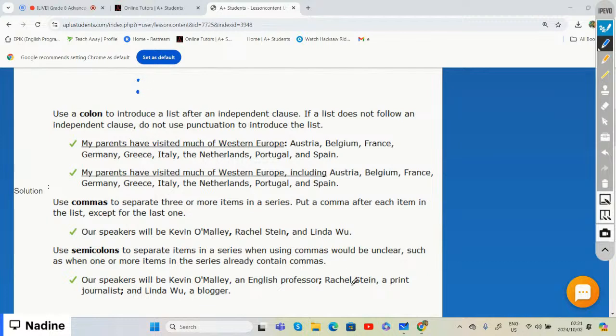This is a comma, the more commonly used one that we use all the time. And a semicolon has a little dot on top and the comma at the bottom. So that is a semicolon.